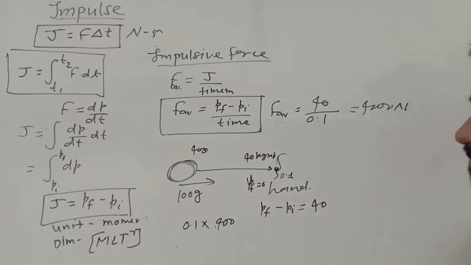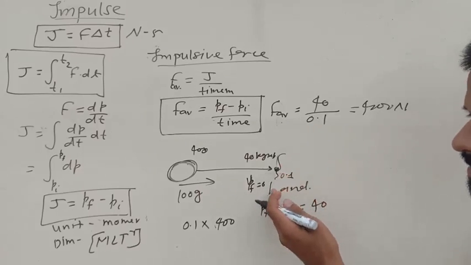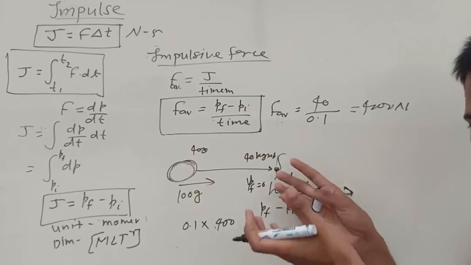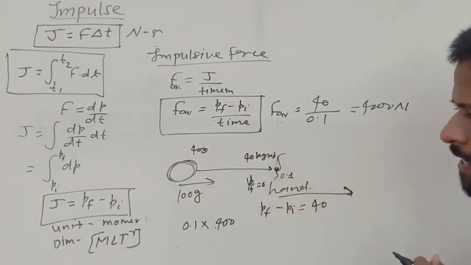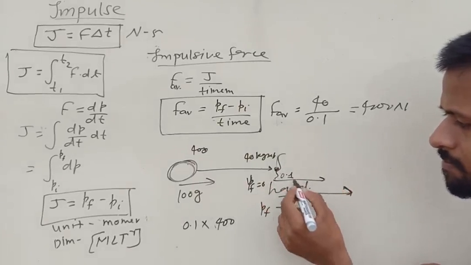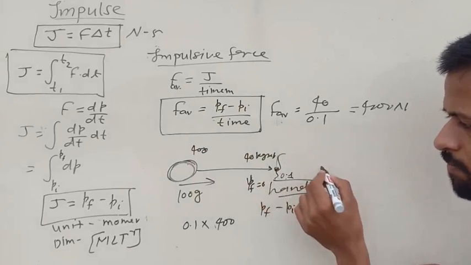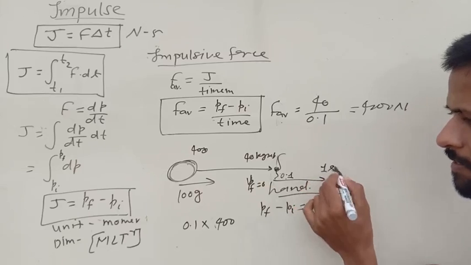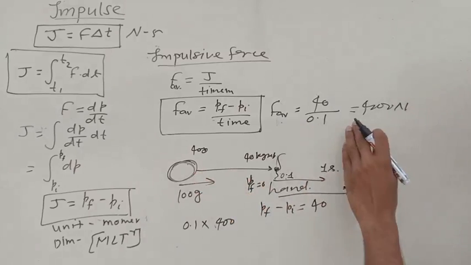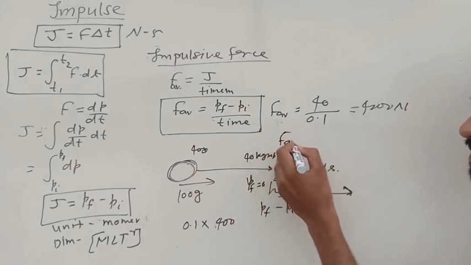Now if the cricketer brings his hand in a backward direction like this, then what will happen? Its momentum is again 0, but there is more time compared to 0.1. Suppose it takes 1 second to make the momentum of the ball 0. Then what will be the impulsive force?